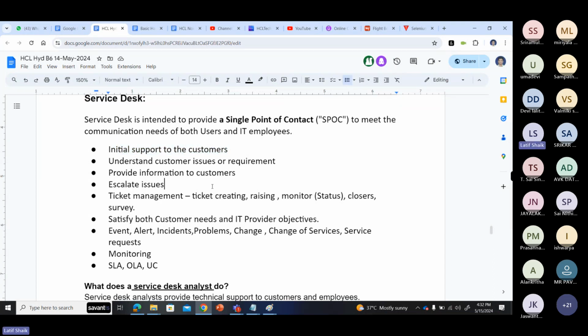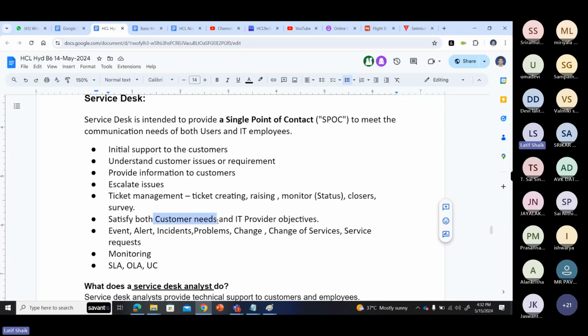Support, understanding of customer issues and requirements, information, escalation of issues as per requirements, and ticket management: creation, raising, monitoring and closure of tickets are done at the service desk. It satisfies both needs.